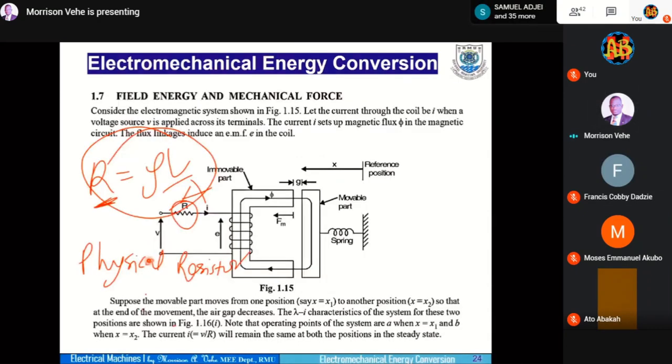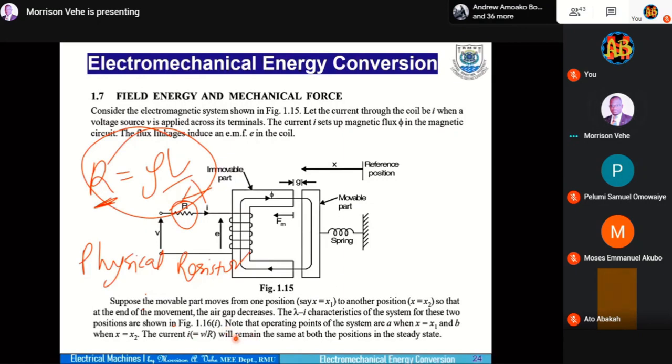That's the figure we are looking at. We should know that the operating points of the system are A when X is equal to X1, and B when X is equal to X2. So the current from Ohm's law is I equals V over R, from V equals IR, making I the subject.